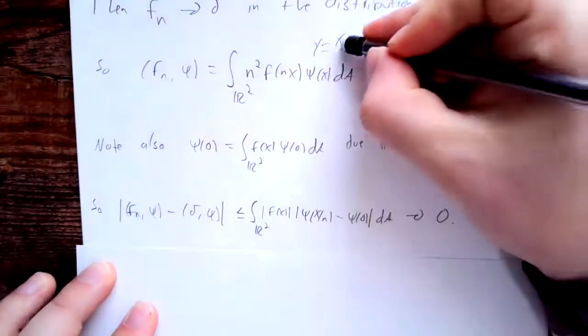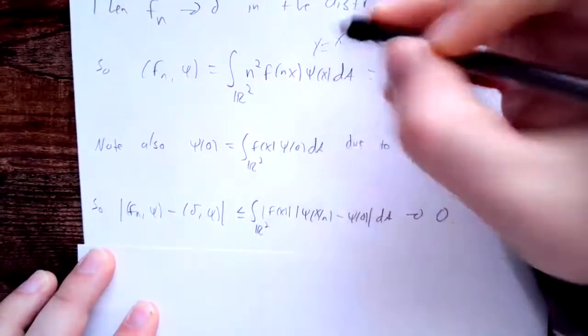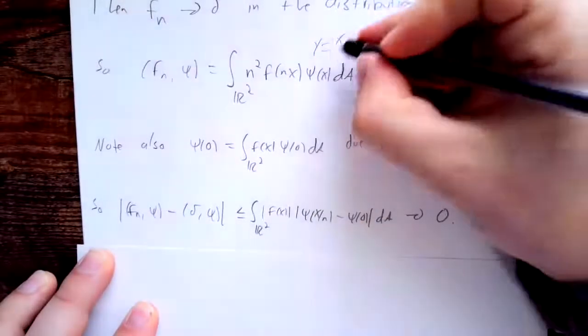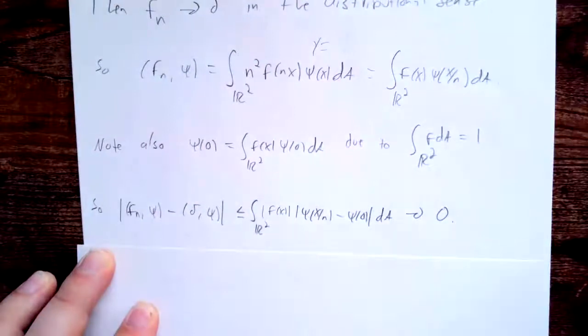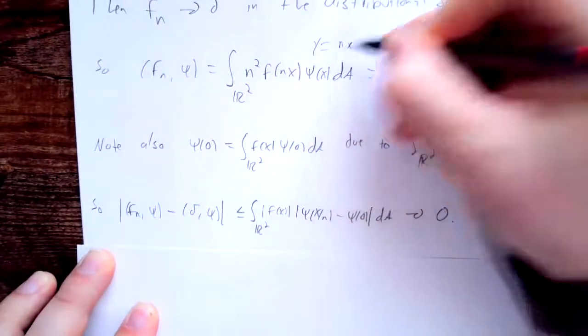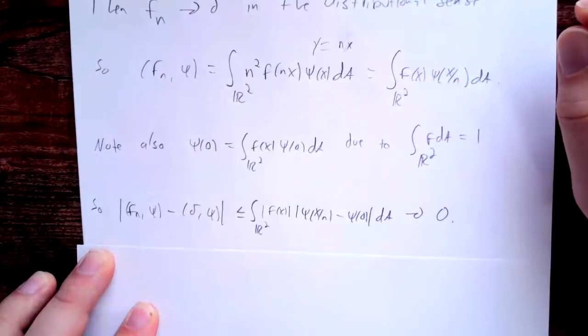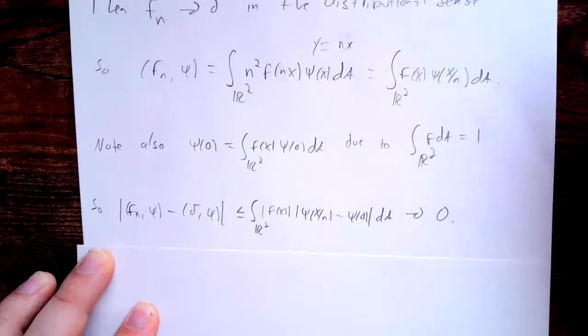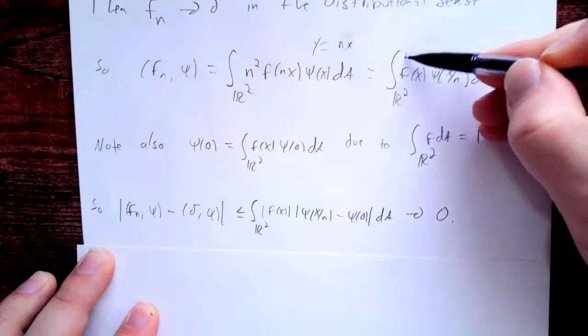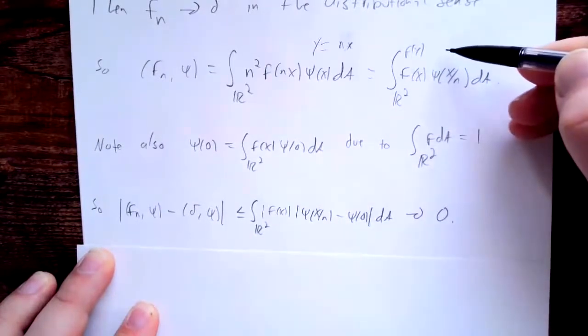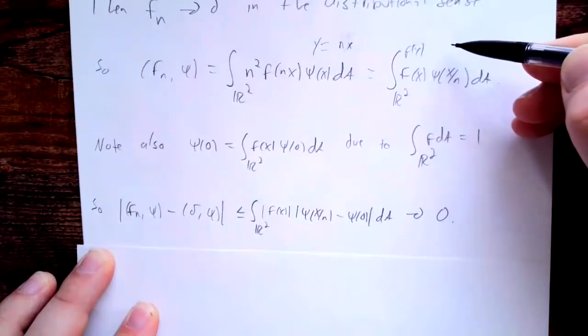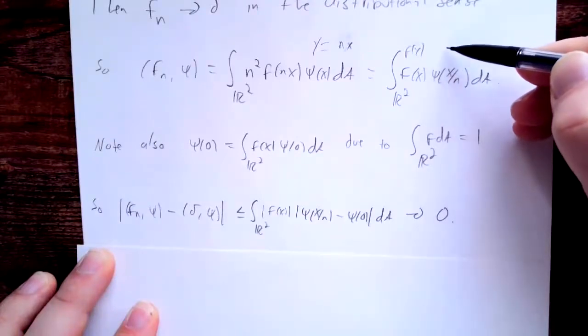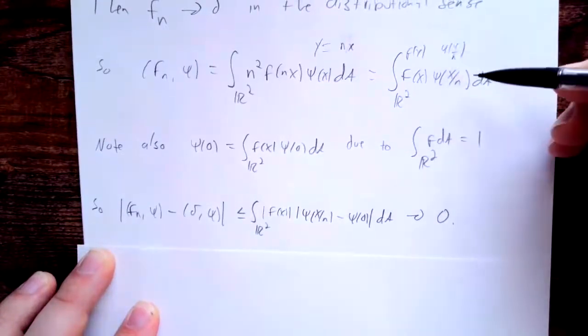Oh yeah, okay, right. Sorry about that. Then you'd have an intermediate step with whatever y is in place of what ends up being x on the right side. So this is going to become f of y, and then psi of y over n.